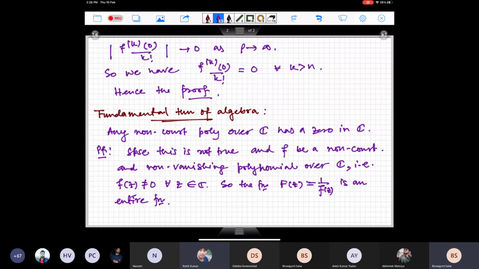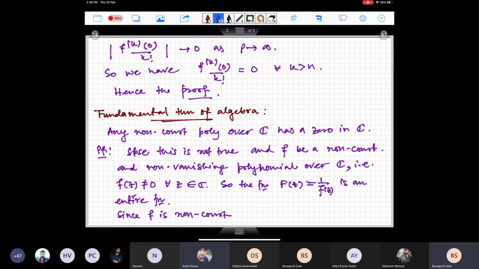Okay, so now one thing which I would like to mention here. I have already explained this when I was discussing polynomials. Since f is non-constant, it has some positive degree. Let's say it has degree n which is positive, and the leading term is z power n.